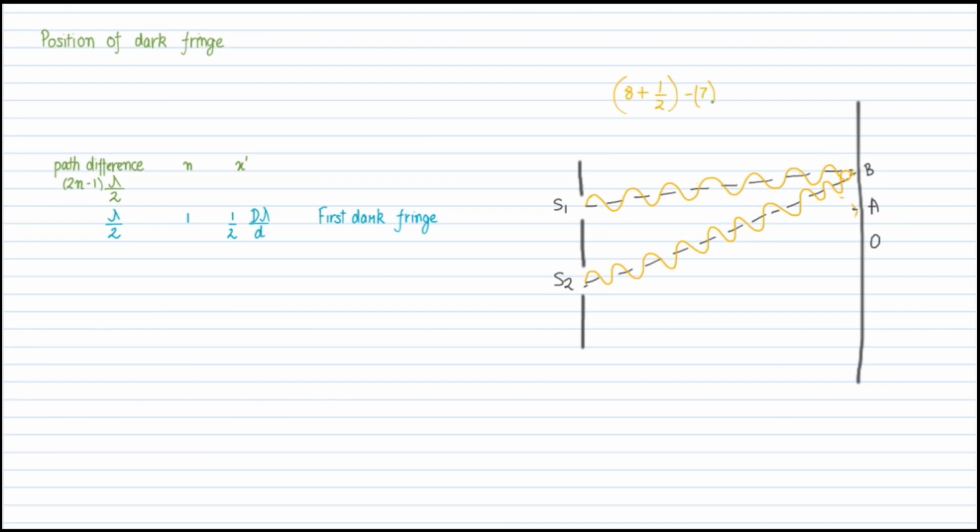Okay, so the light coming from S2 is how much? 8.5 wavelength. Light coming from S1 is 7 wavelength. So if you subtract this value, how much will you get? 8 minus 7 is 1.